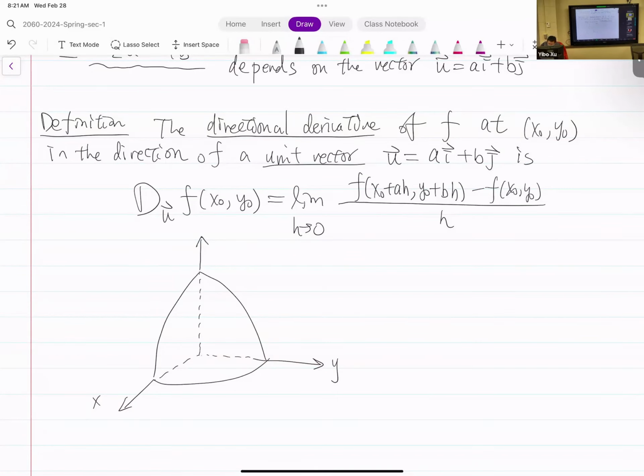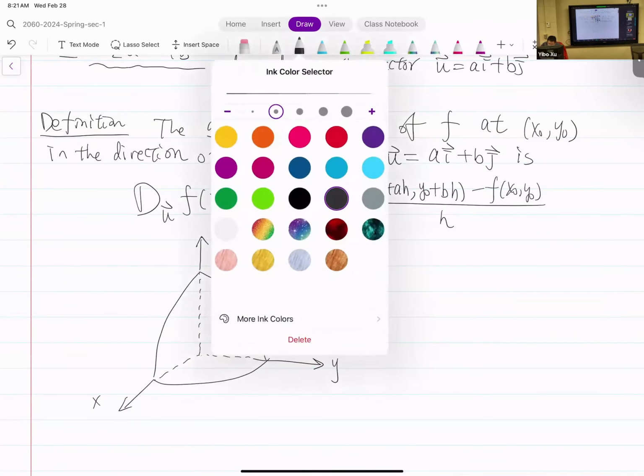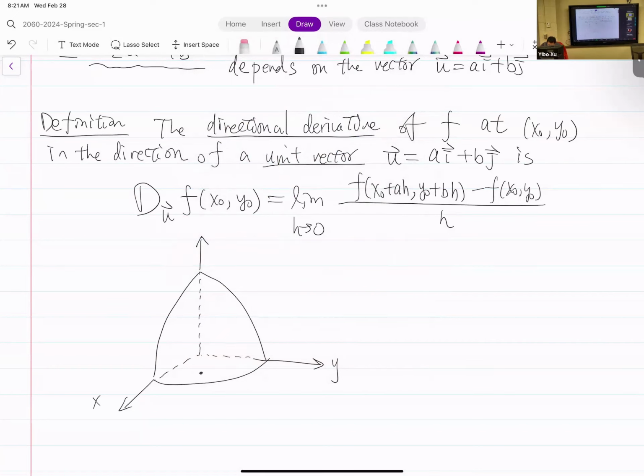Now we are choosing a general direction, so that's slightly different. Here, this is still the point (1, 1, 0), and (1, 1, 1) is the output point right here. But now we're moving along some direction other than i and j. Let's say something like this. Let's say this is u.